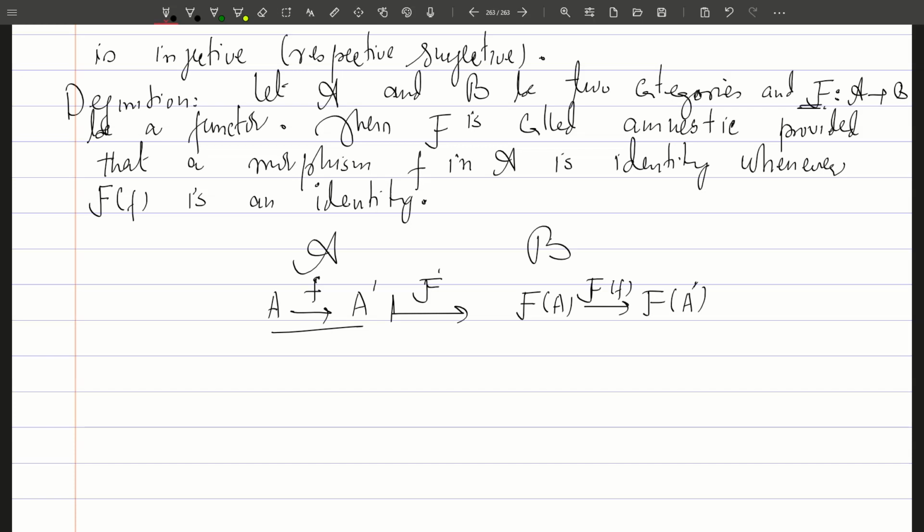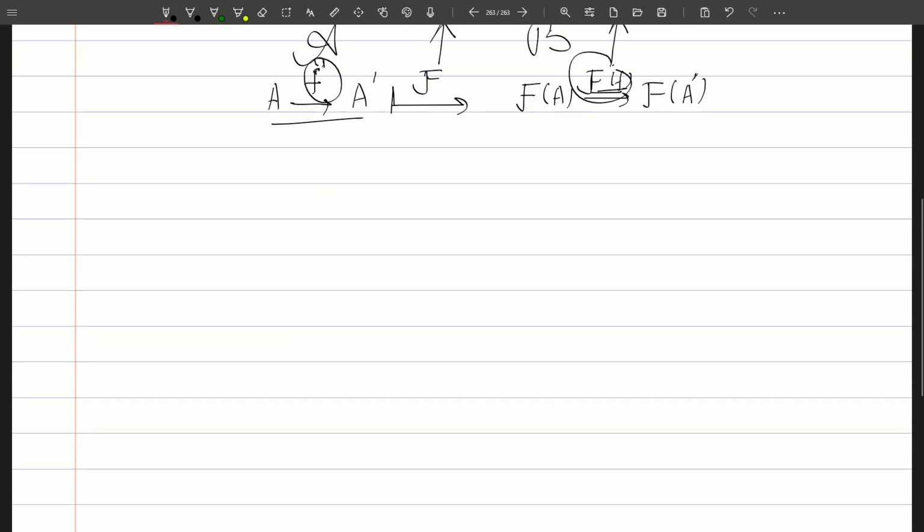So this functor F is called amnestic if this f is identity whenever F of f is identity. So this would imply that if F of f is identity, then f has to be identity, given that the functor is amnestic.